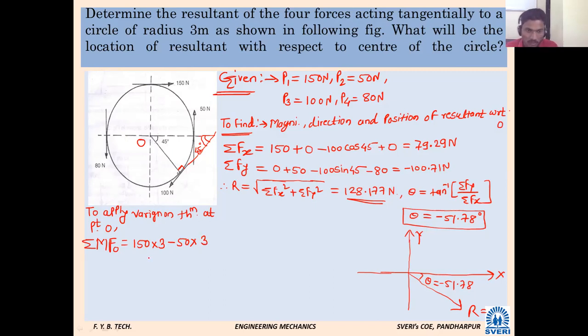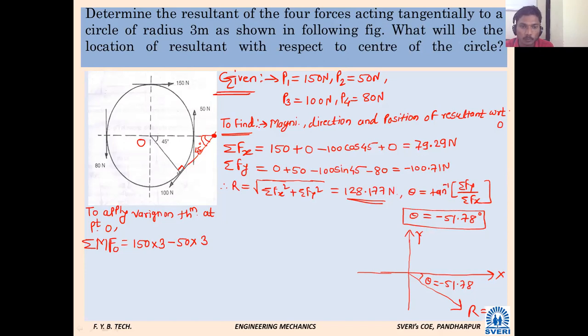Next force. Though you may feel for force number 3, is it necessary to resolve that force into x and y components? No, it is not necessary. Suppose somebody has taken the intersection at this point, is it necessary to resolve the force here? See where my cursor is.